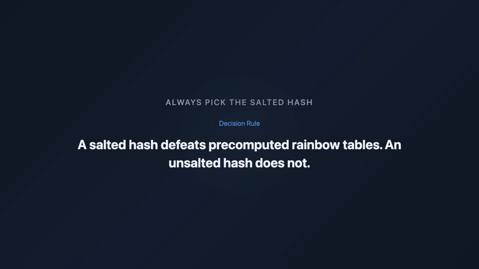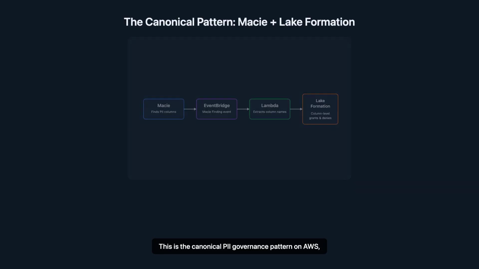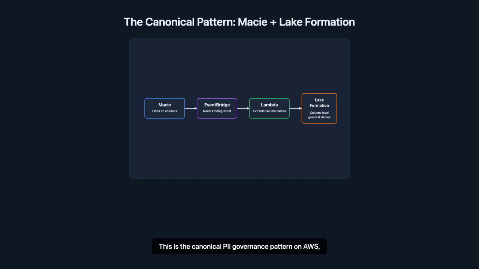This is the canonical PII governance pattern on Amazon Web Services, and it shows up constantly in real architectures. Macie scans the data lake and finds the columns containing social security numbers, emails, and credit cards. Those findings flow through EventBridge as Macie finding events.